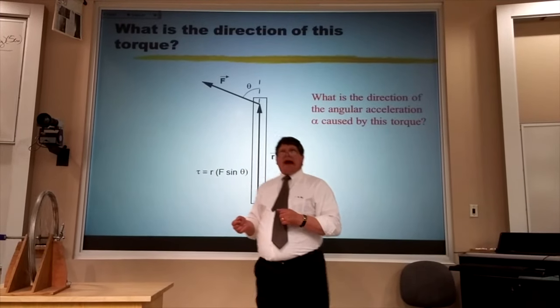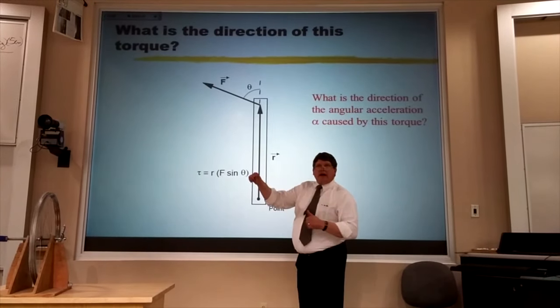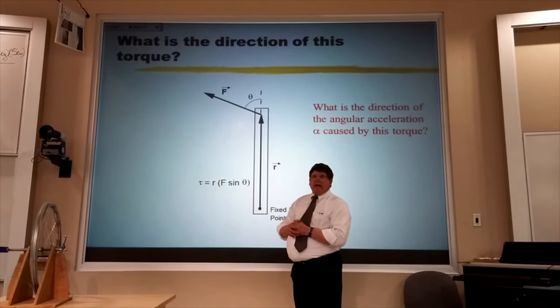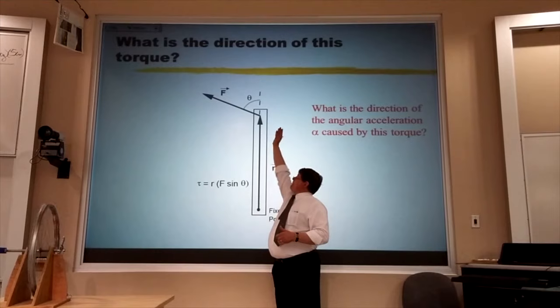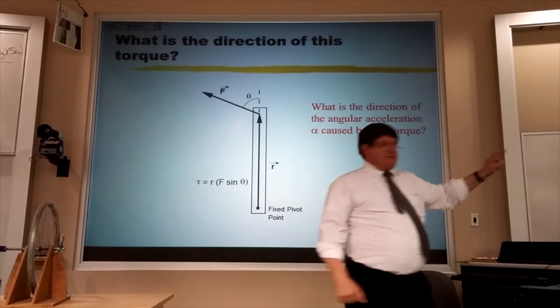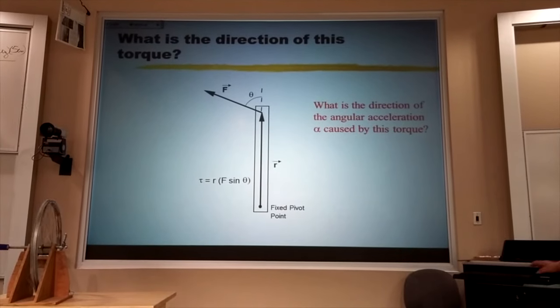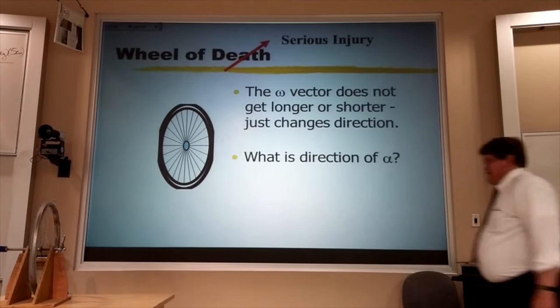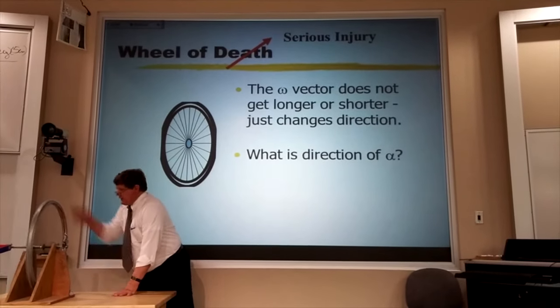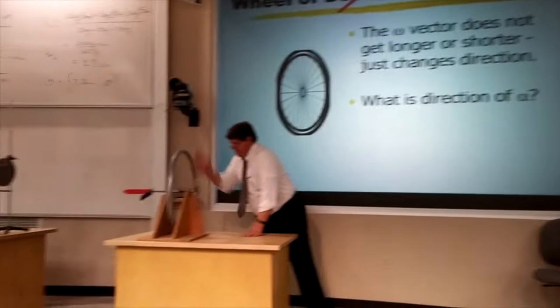So what direction would the alpha point if the omega's out and it's speeding up? Out. Okay? And sure enough, this torque is out. It's causing the alpha. Now, let's remember this, I told you we would understand this precession here.